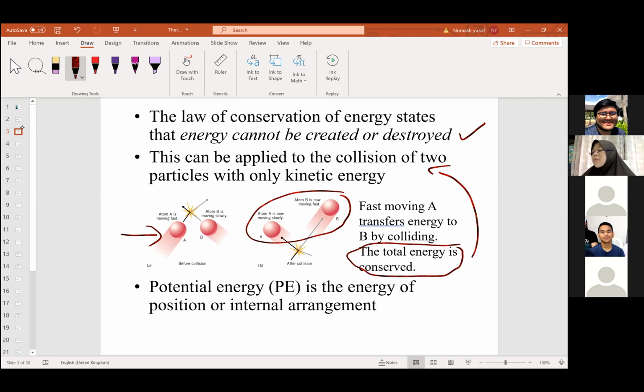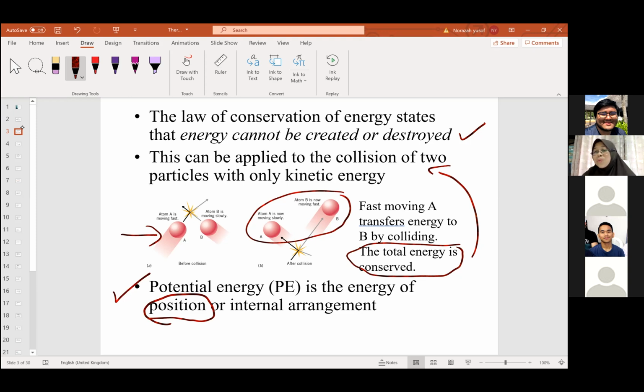Just now we discussed kinetic energy, which is about dynamics and movement. But when we discuss potential energy, it's about the position of that entity. If you are at the third level compared to those at ground level, you have a different potential energy.